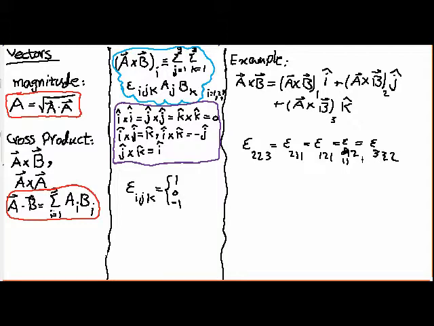So in any of these places, if you see 2 same numbers, then that epsilon is 0, so this takes 0.